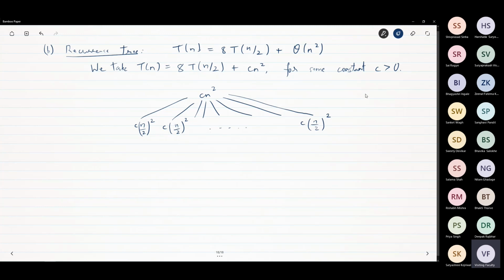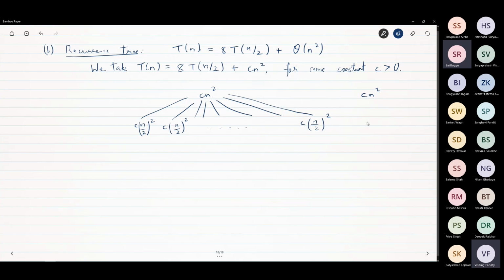So the first step, total cost is cn square. What is the total cost here? There are 8 terms, just add them. 8 into c into n by 2 square. How much is it? 2 cn square.